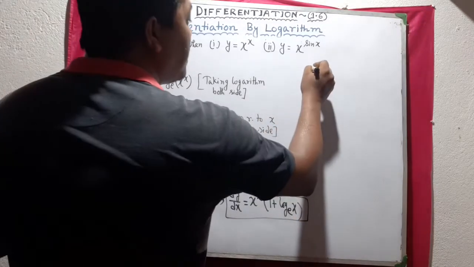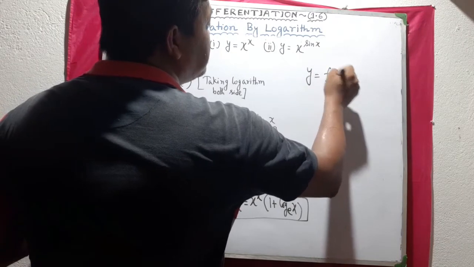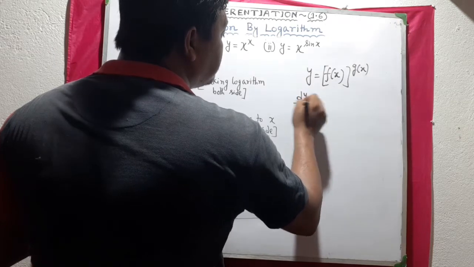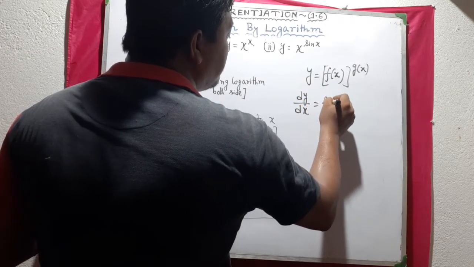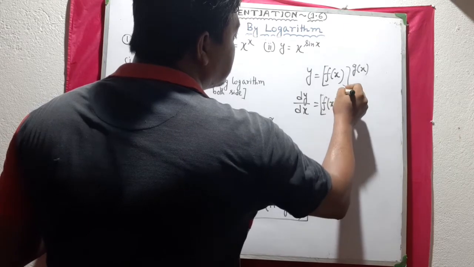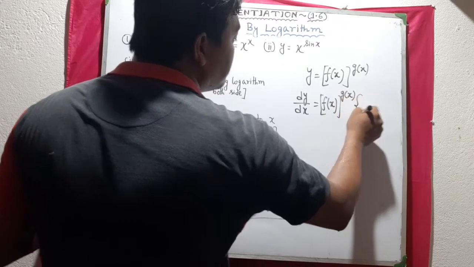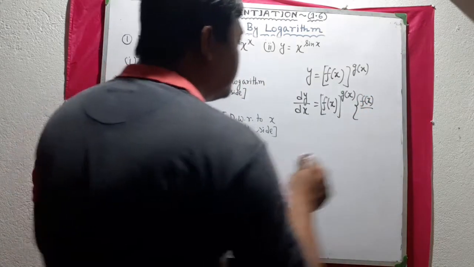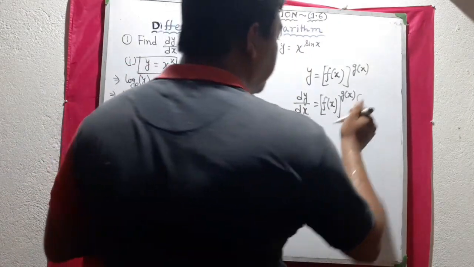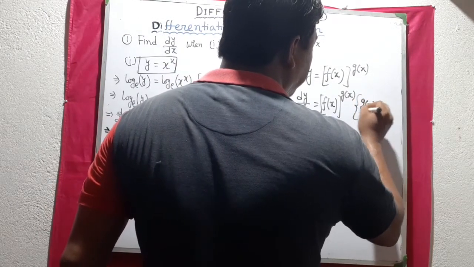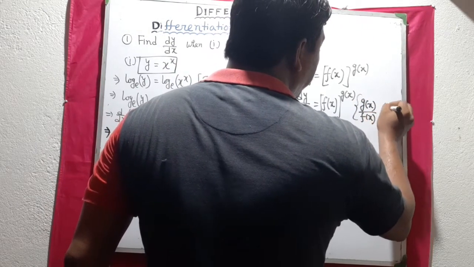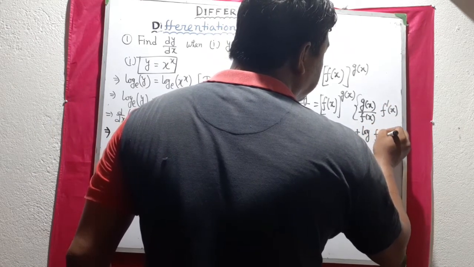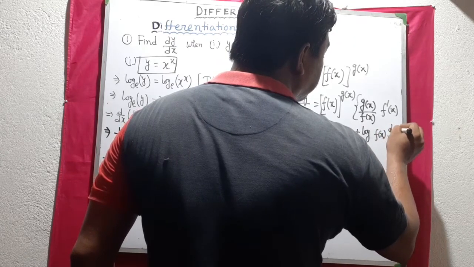So if y equals f(x) to the power g(x), what is our formula? The formula is dy dx equals f(x) whole to the power g(x) into [g(x) by f(x) into f dash x plus log of f(x) into g dash x].